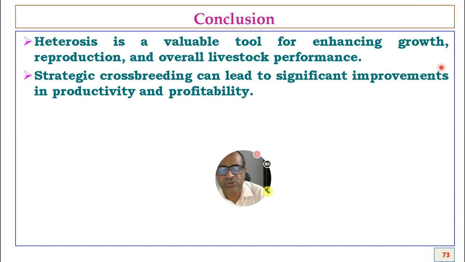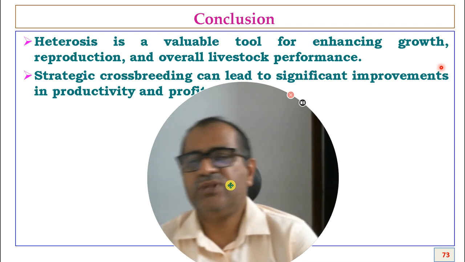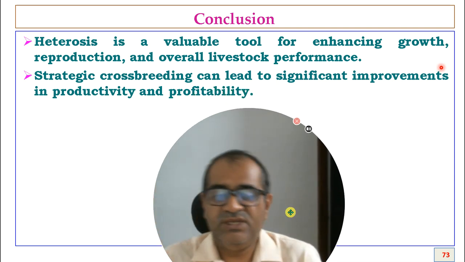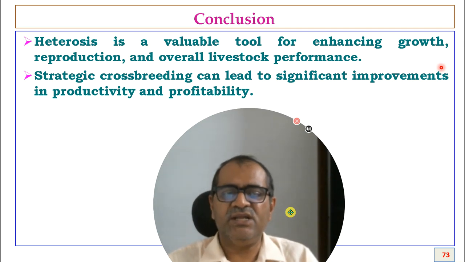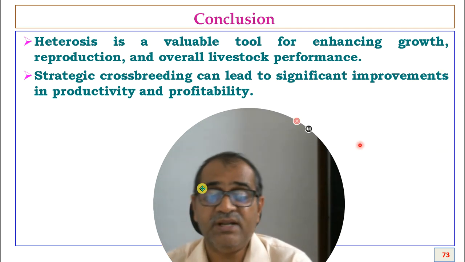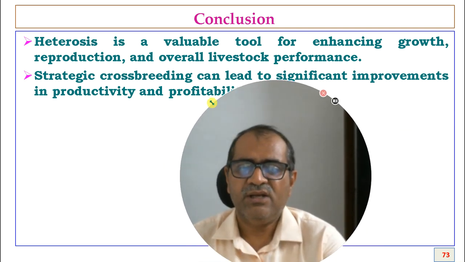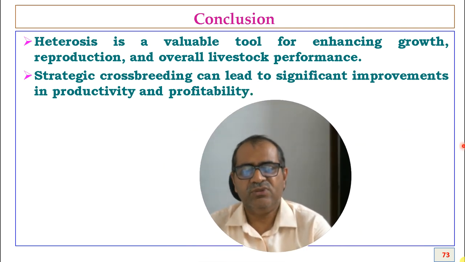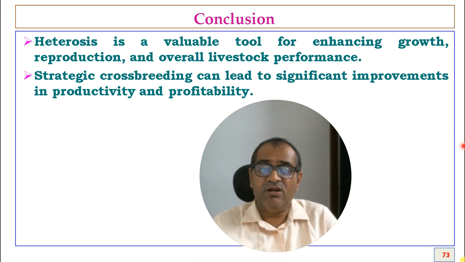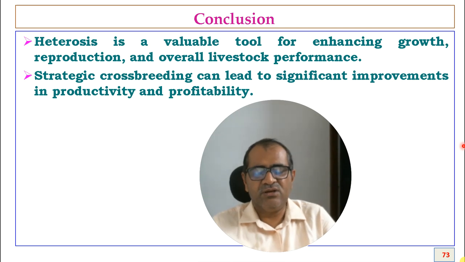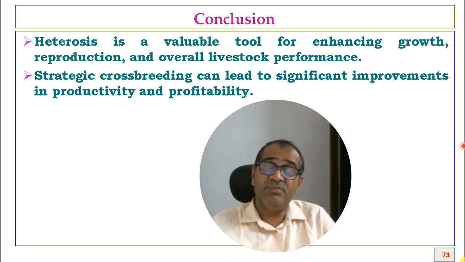Then there are also a few disadvantages, and we need to have a strategic crossbreeding program. Even though it is present in the country, it is not being implemented in an effective manner, and it goes against the breeding policy of the government. A lot of other things, unintended or intended, are being done, and because of this maintaining pure breeds is one of the greatest difficulties.